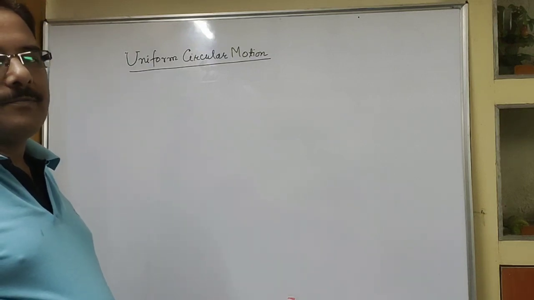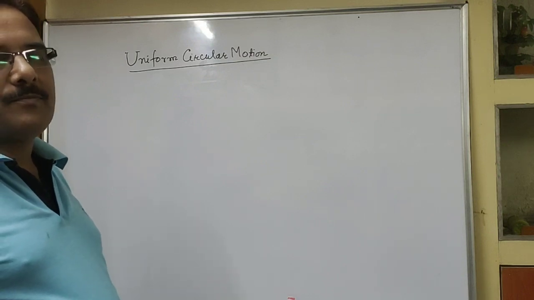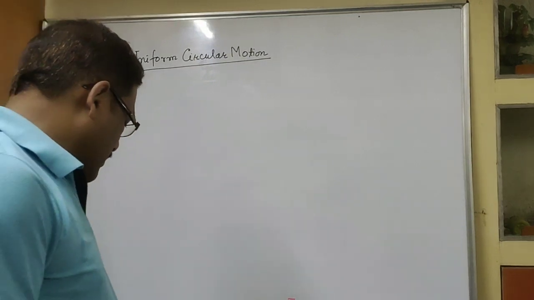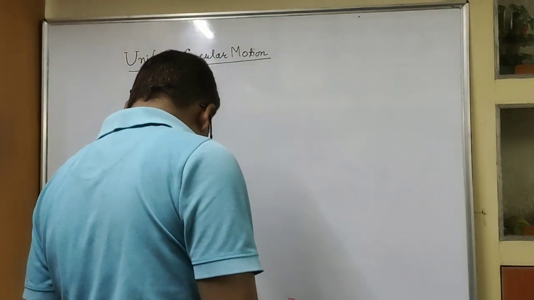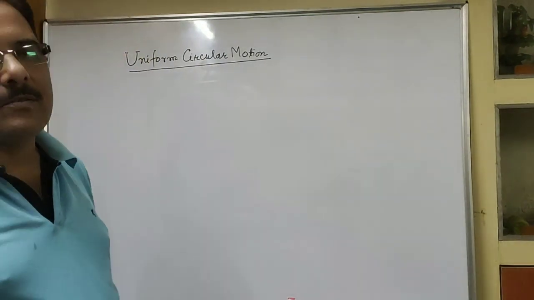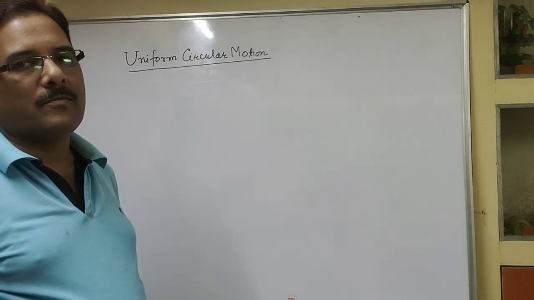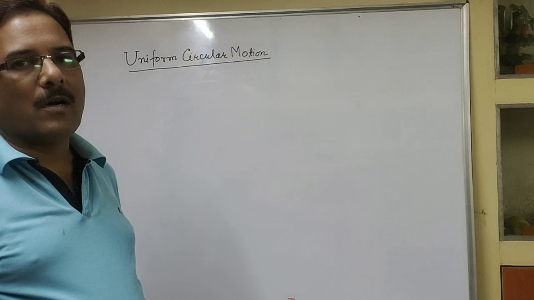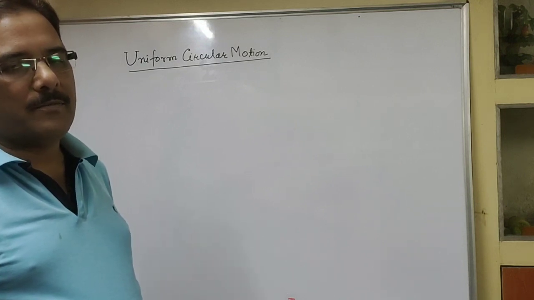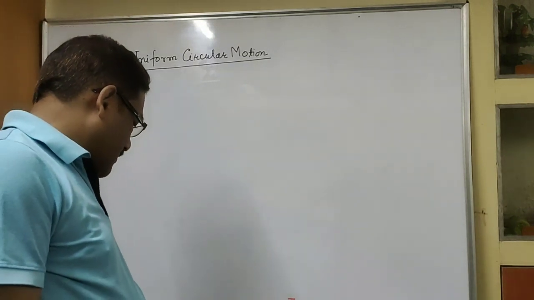When an object moves in a circular path with constant speed, its motion is called uniform circular motion.